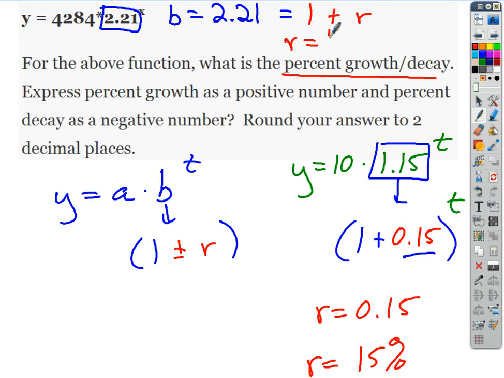As a percent, what is that? We're going to move it 2 places, right? Multiply by 100. Okay, so that'd be 121%. That's quite a bit, right? Now that makes sense, doesn't it?